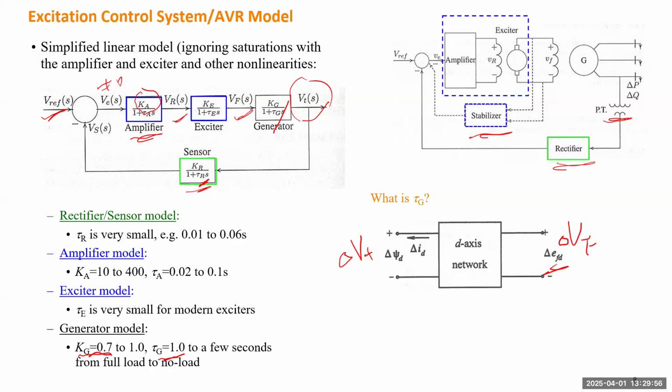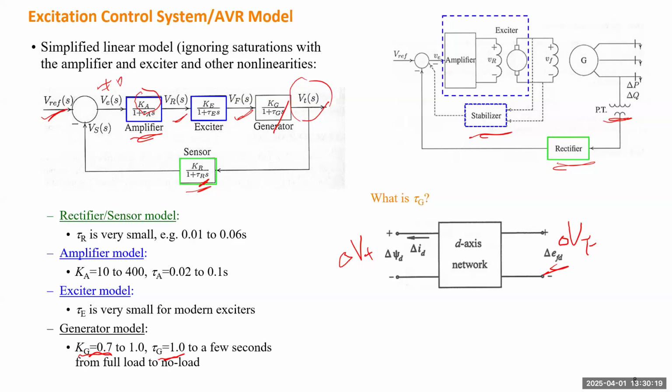So this is the D circuit. It cannot be the Q circuit, right? How many time constants do we have? We have TD0 prime, TD0 double prime, TD prime, TD double prime. So which two are actually on the bottom of the transfer function?